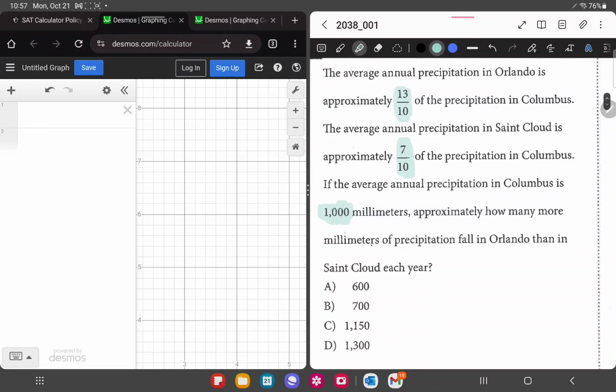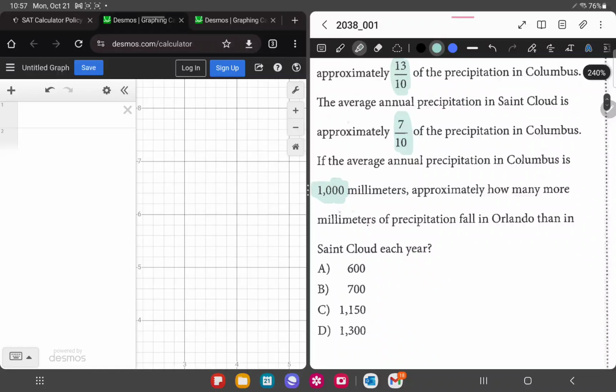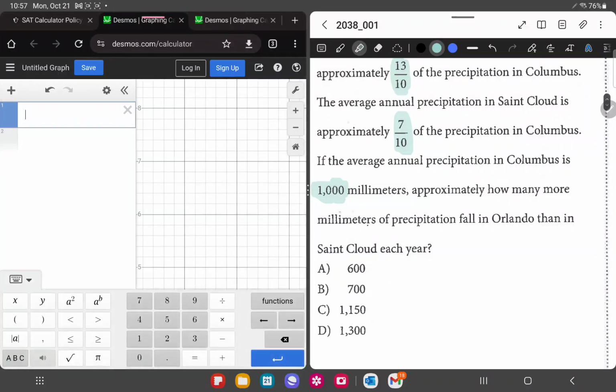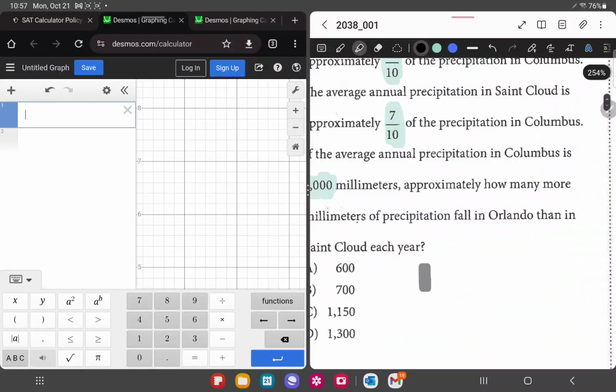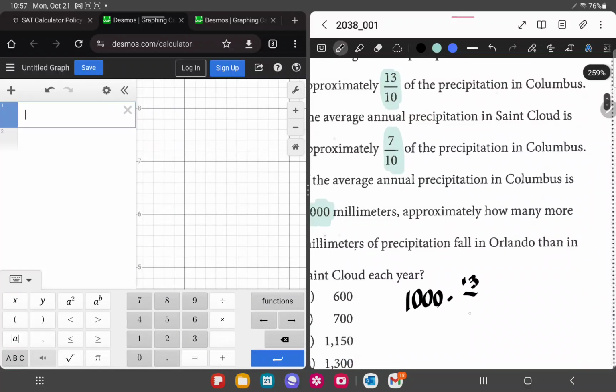So what we're going to have to do first is multiply that 1,000 into those fractions. This is going to be pretty easy. On your Desmos calculator, we can go ahead and start setting it up. This is what we do. We're doing 1,000 multiplied by 13/10.